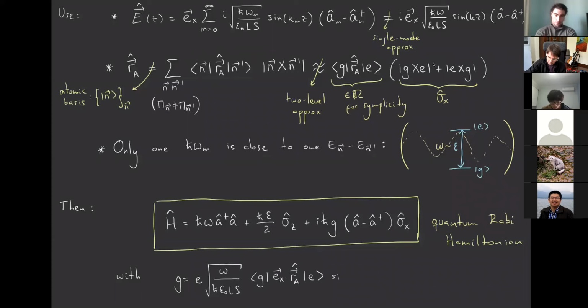And finally, the mode profile, so the standing wave associated to that mode at the position of the atom z0. Okay? But the form of the parameter is not important. The only important thing is that everything about the interaction between light and matter is contained in a single interaction parameter that we can call g.